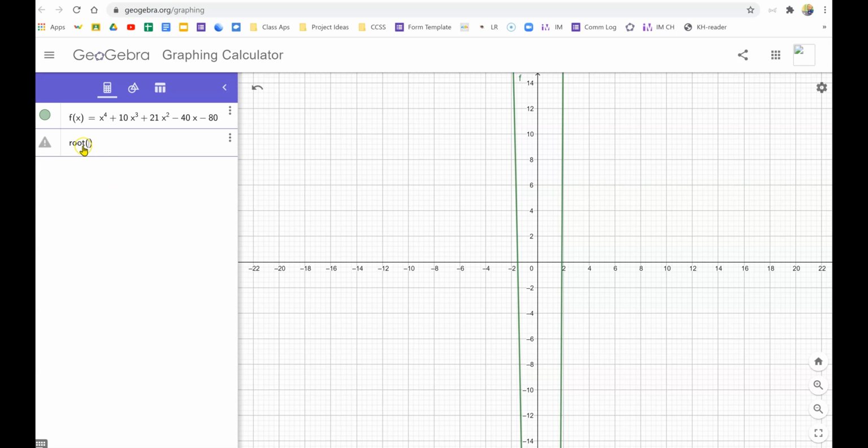And what I'm trying to find the root for is this function f of x. So I'm going to type in f parentheses x parentheses and then hit enter. And what it gives me are the 2 points A and B where this graph crosses the x-axis. These are the two roots. It crosses at negative 5.295256, and so on. And it also crosses at 1.89.